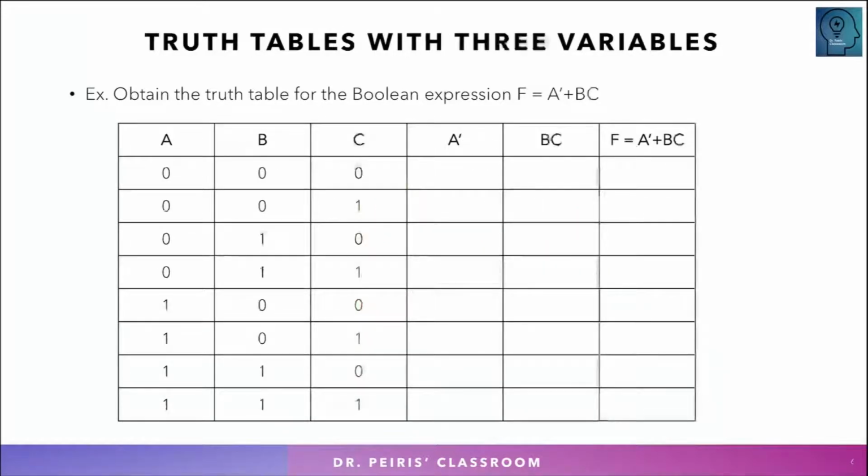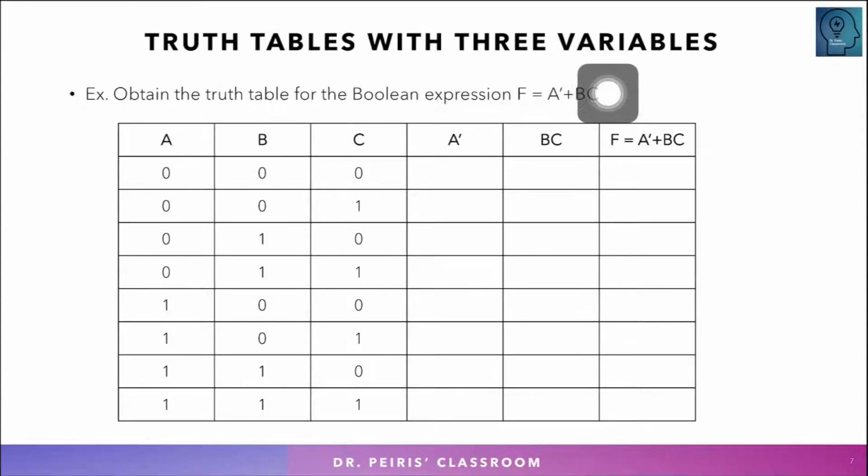Now let's see the next one. This is a function with 3 variables. If you look at the given function, this is A prime OR BC. There are 3 different letters A, B, C, which means I have 3 inputs. How do we make the values filled in for these 3 columns?